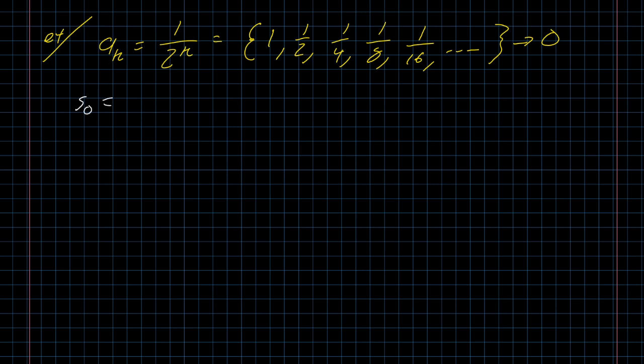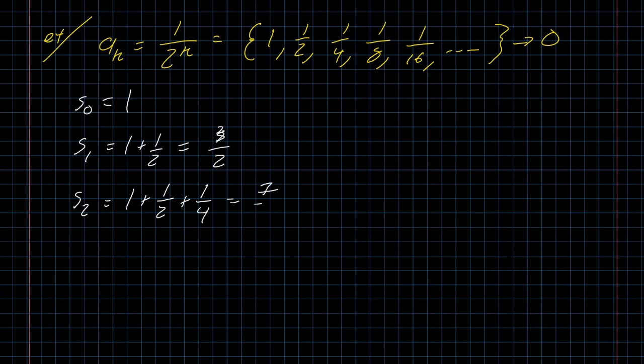But now that we have a little bit of our original sequence defined, let's go ahead and start thinking about the sequence of partial sums. We've got S_0, which is 1. We've got S_1, which is 1 plus 1/2. Well, that's 3 over 2. We've got S_2, which is 1 plus 1/2 plus 1/4.